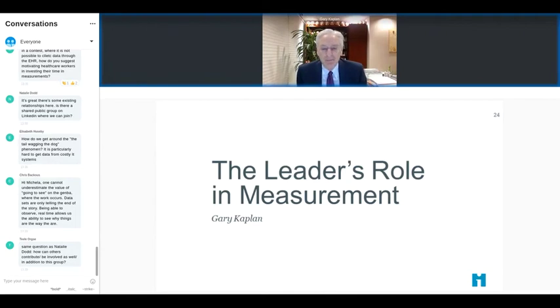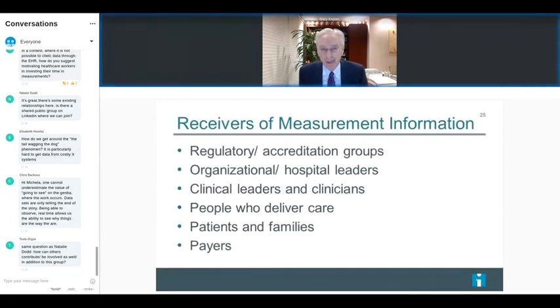And I've come to realize how critical the role of leaders is in both setting the tone and the culture of organizations, but also leading the way forward to change. And if we change our measurement paradigms and our approach to measurement for safety, that's not something that's going to be necessarily totally embraced.